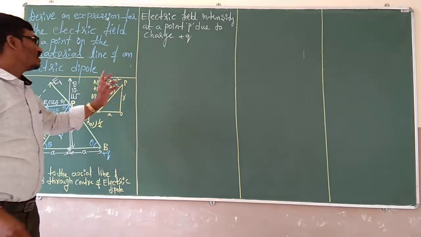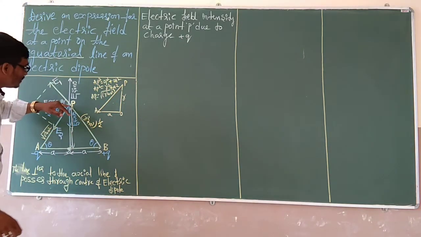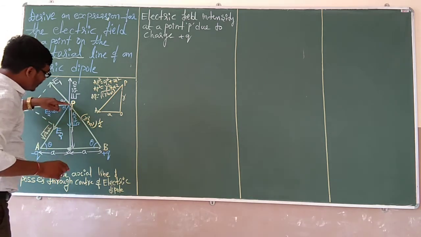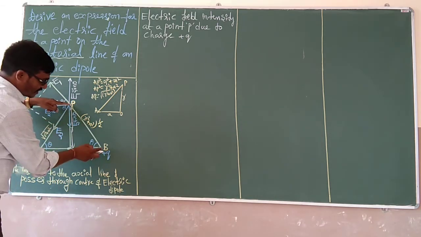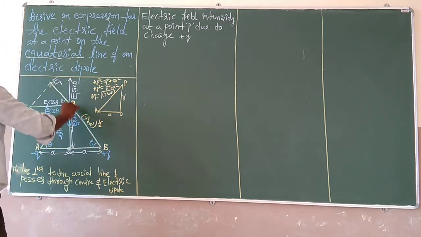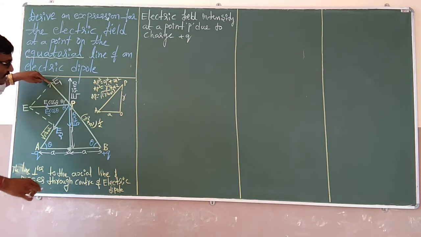If we place a unit positive charge there, the electric field lines move outward, in this direction.